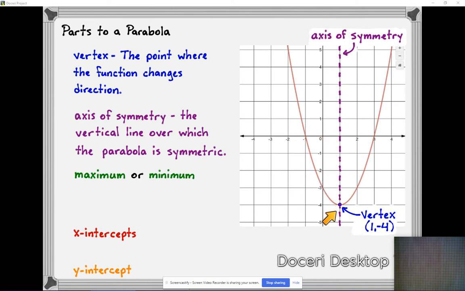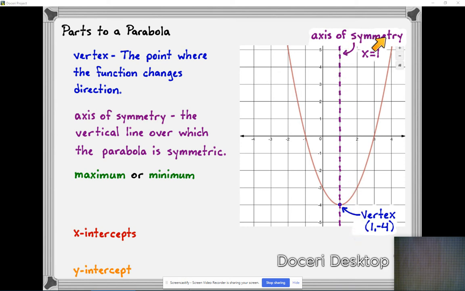You can see that this line is lining up with the x value, x equals 1. Notice this, that the axis of symmetry, x equals 1, is the x value of the vertex. These will always be the same. The axis of symmetry is the same numeric x value as the vertex's x value, okay?